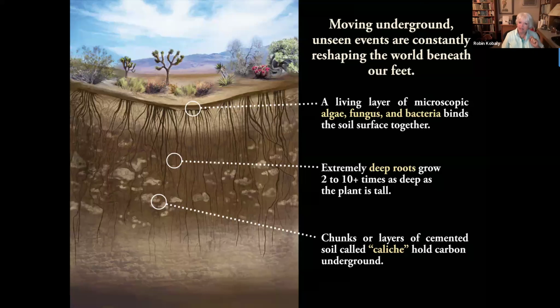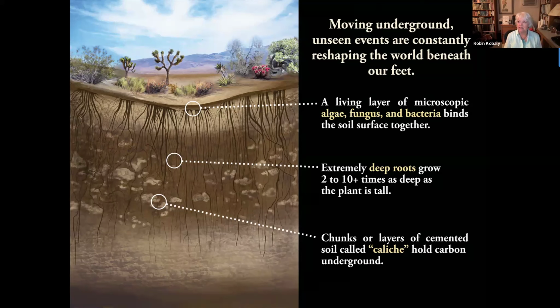These roots have to be deep to get down to soil moisture from rains that may have happened even 10, 15 years ago. The roots of some of our desert plants can go down to a depth of over 150 feet. And that would be like a honey mesquite.